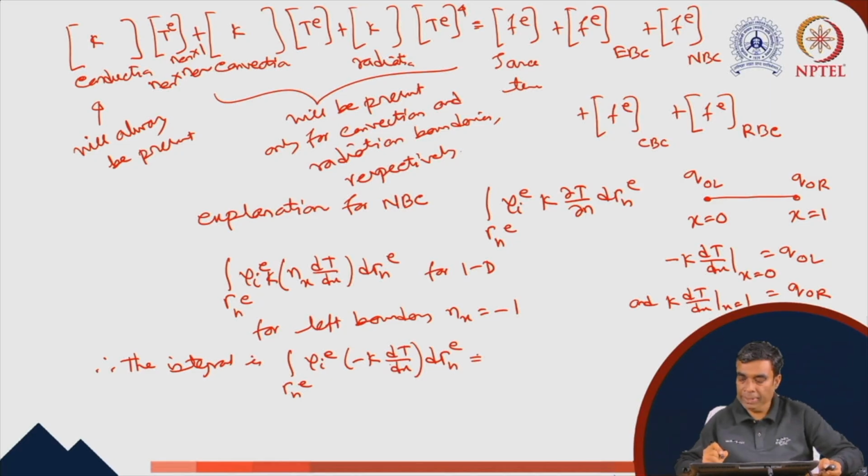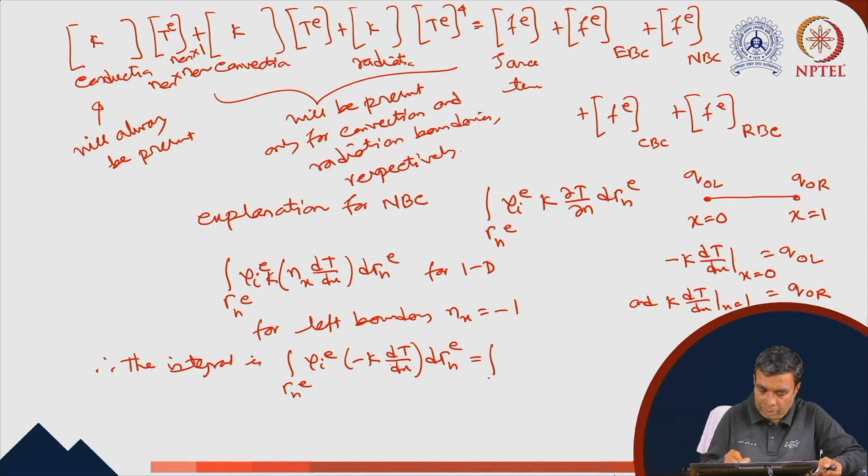At the left boundary, minus k dT/dx is given as q_0L, integration over Γ_h^e ψ_i^e into q_0L into dΓ_h^e.